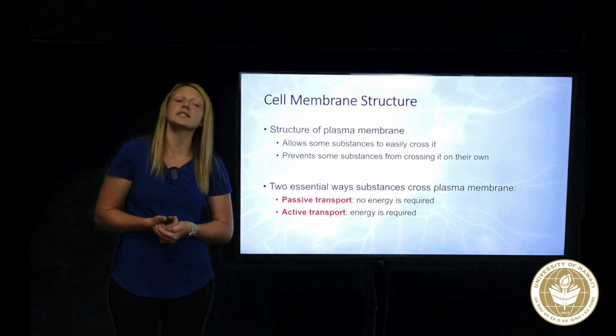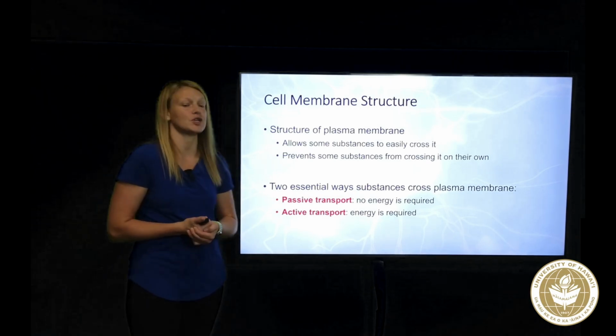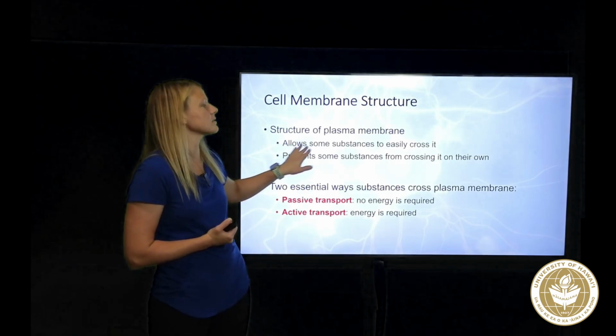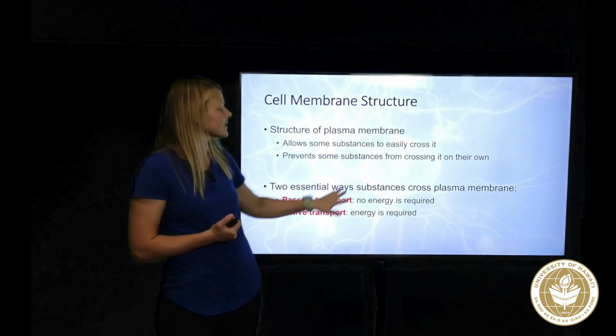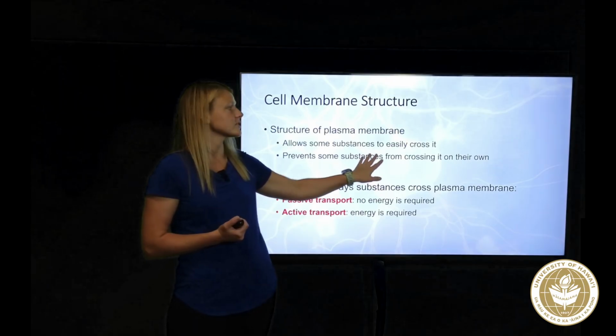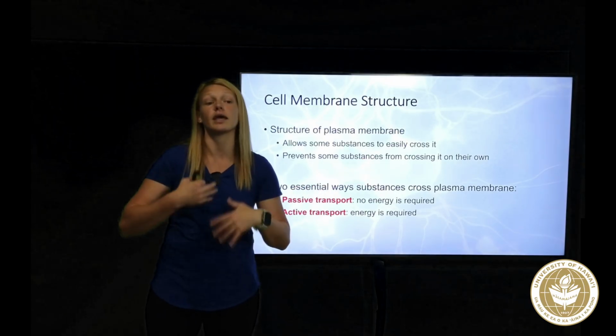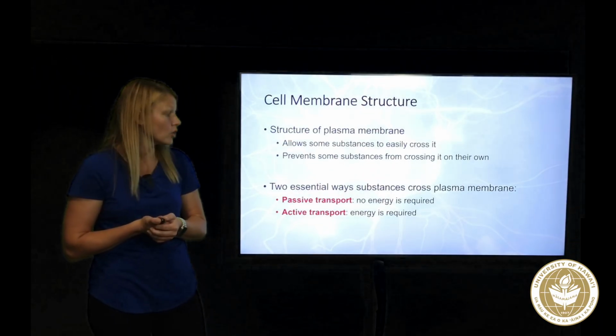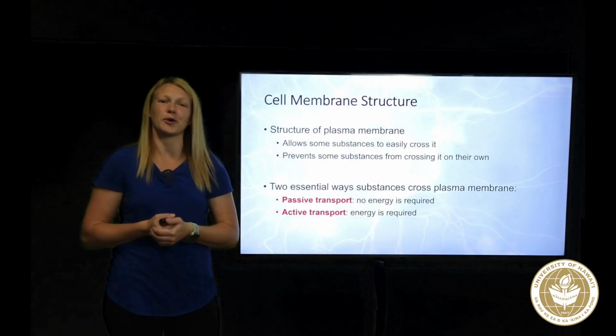So again, your cell membrane is what we term semi-permeable. It allows some substances to easily cross it and prevents some substances from crossing it on their own. They might need another molecule to help them cross it, or they might need energy in order to cross it.